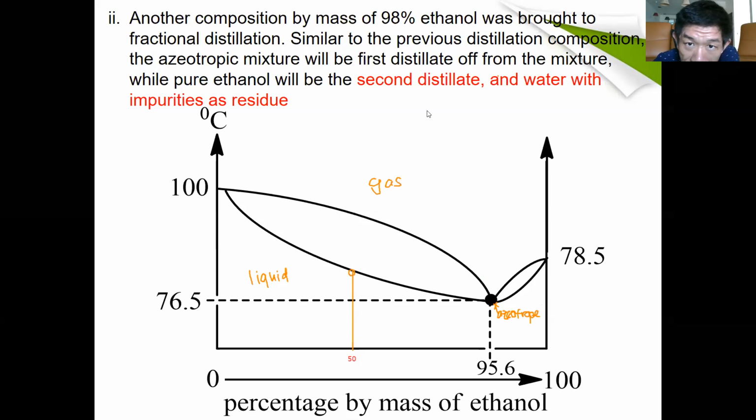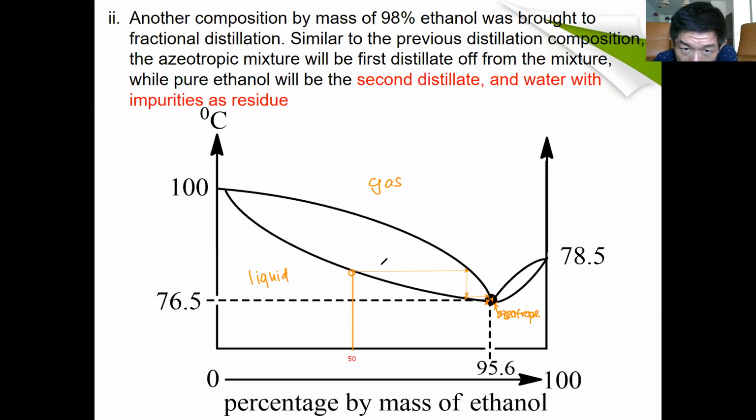Okay, so the process of fractional vaporization, condensation, vaporization, condensation, vaporization, condensation keeps on occurring until, in here, you can see what is our first distillate when you fractionally distill 50% of this one.